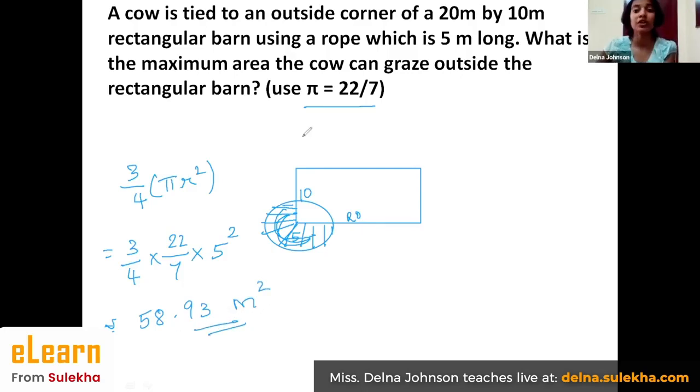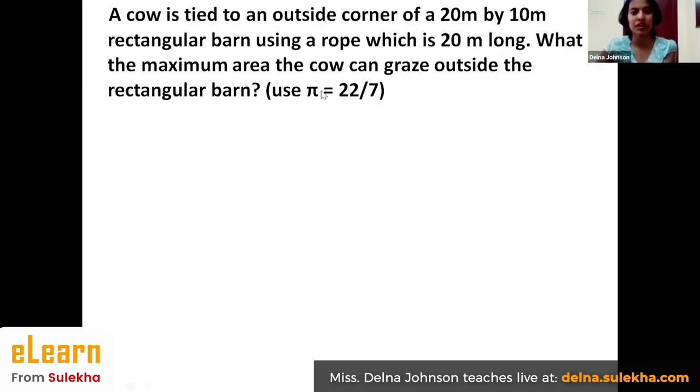Now say you're making it a little more complicated. Here, as you can see, in the before problem the rope was 5 meter long, but over here you're taking it as 20 meters long. So it's the same rectangular barn, 20 meter by 10 meter, and the length here is nothing but 20 meter.